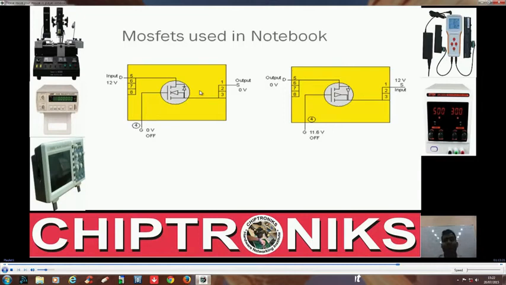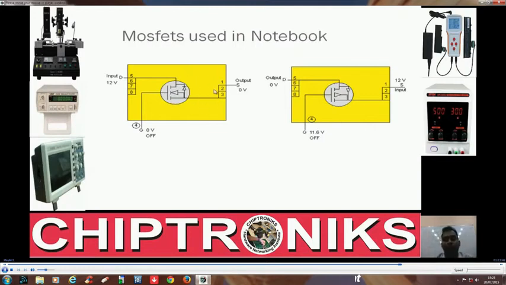But the question again is, why can't we replace this MOSFET by a normal diode? We cannot replace this MOSFET by a normal diode because across a MOSFET the voltage drop is very small, and across a diode there is a 0.6 volt drop.